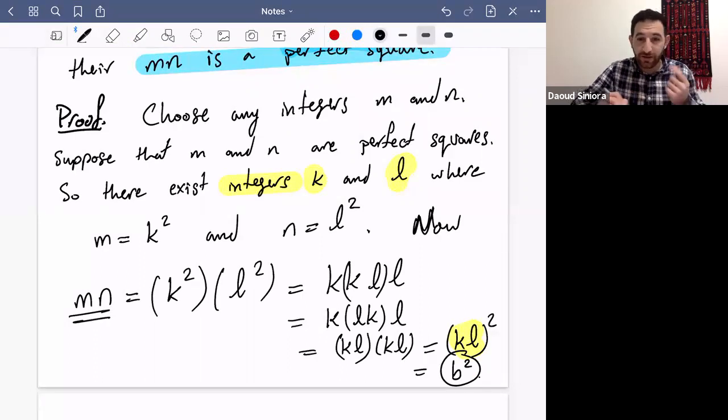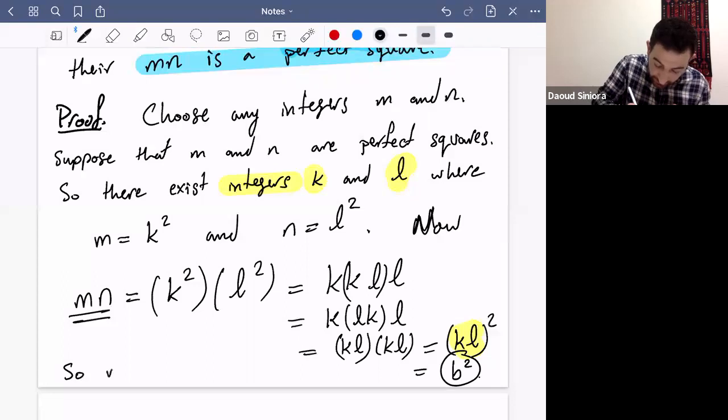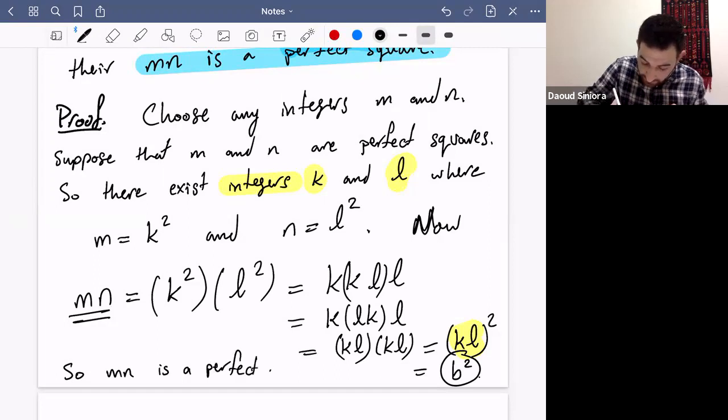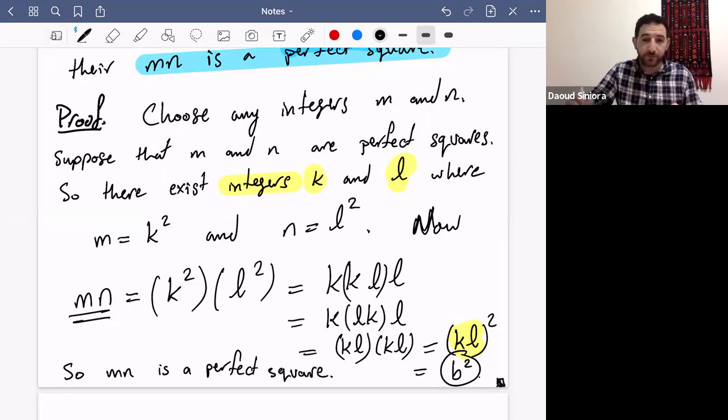By definition, if an integer is the square of an integer, we call the integer a perfect square. So mn is a perfect square, as desired, and we finish the proof.